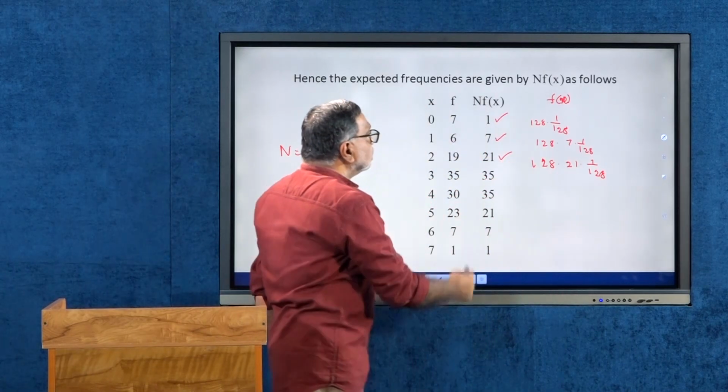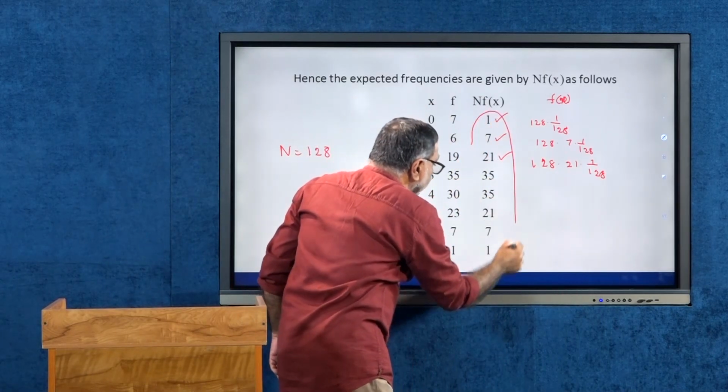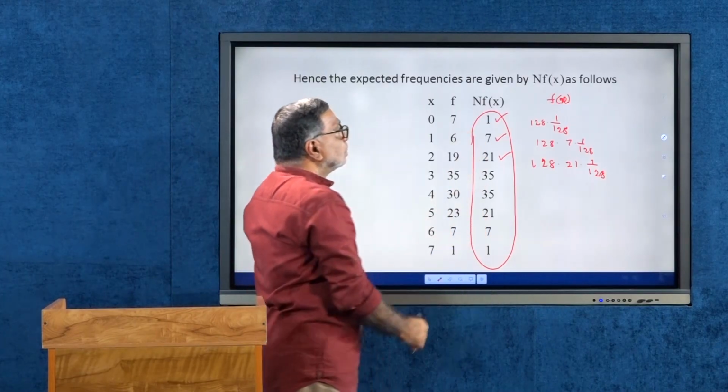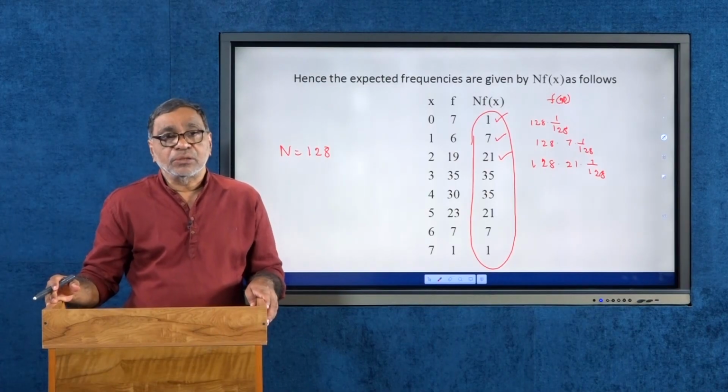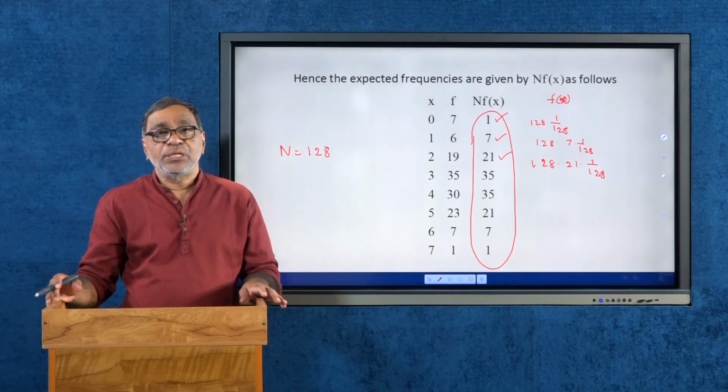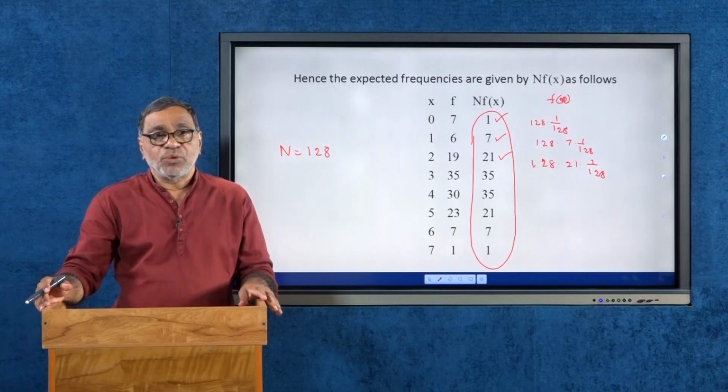Like this, these are the expected frequencies when you are tossing 7 coins simultaneously and repeating the experiment 128 times.